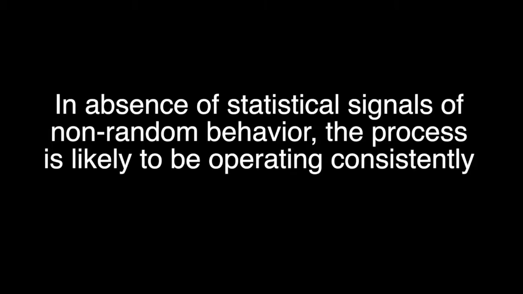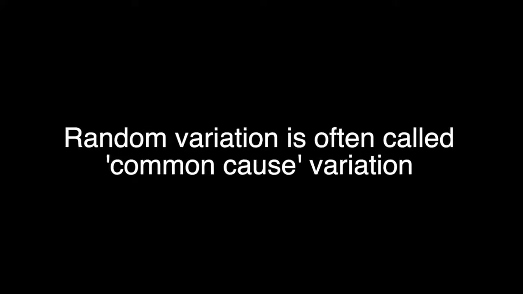The point is that in the absence of statistical signals pointing out non-random or special behavior, the process is performing consistently at whatever level it happens to have settled itself into. That random variation we see in that consistently performing process, again, is called common cause variation. It's just the common everyday stuff or noise going on in the background that produces the variation.